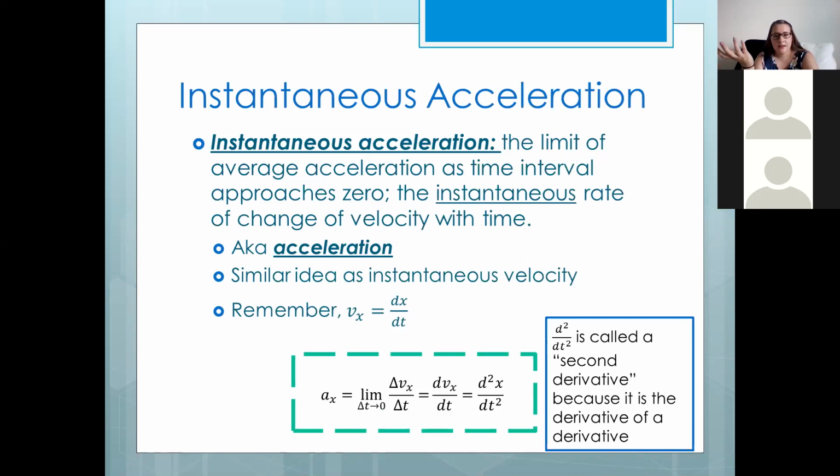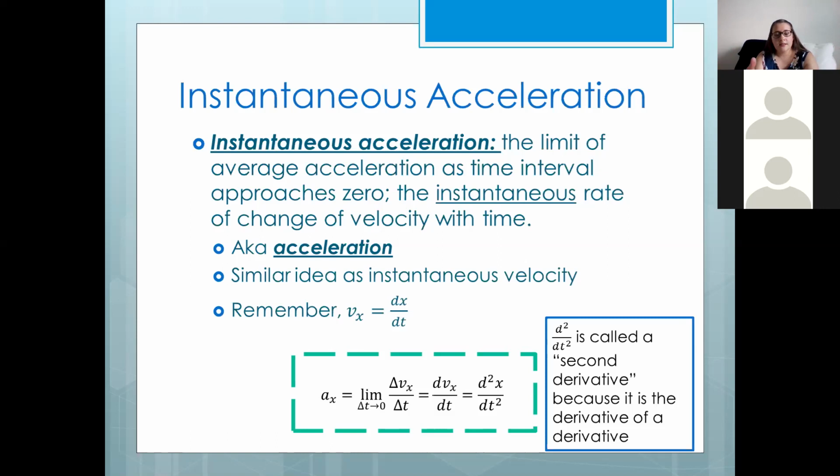But yeah, it's a very similar analogy as with instantaneous velocity versus average velocity. So remember, instantaneous velocity, we said yesterday, was dx over dt. And that dx dt is a derivative, which is a fancy way to say the rate of change of something.